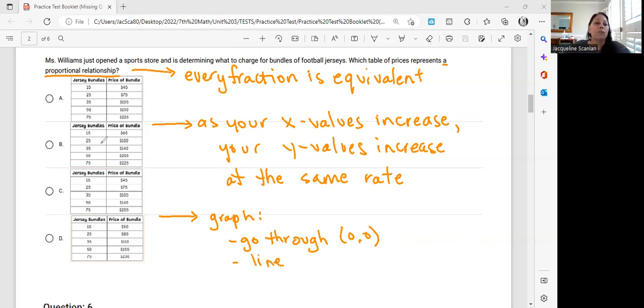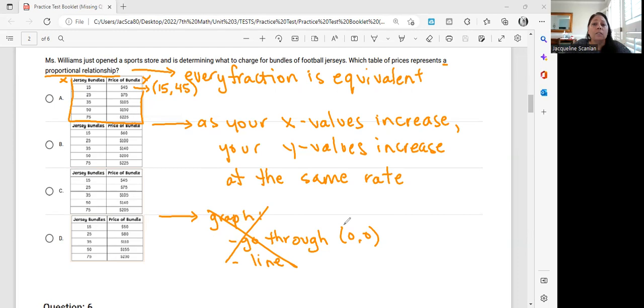If I were to graph all 4 of these different sets of ordered pairs, formed by taking your x value and your y value, like 15, 45, they should go through the origin and make a line. Only one of them is going to do that. But this is not the most efficient way, so I am not going to choose to graph it.